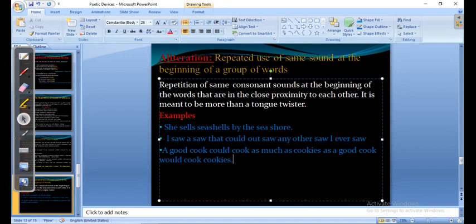I saw a saw that could outsaw any other saw I ever saw. A good cook could cook as many cookies as a good cook would cook cookies. This is called alliteration, when repeated use of the same sound at the beginning of a group of words takes place.